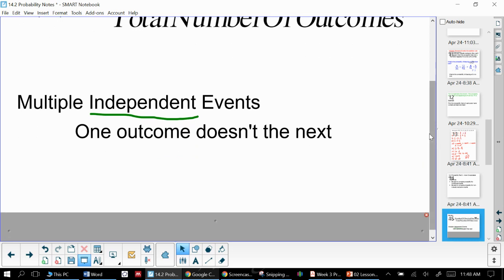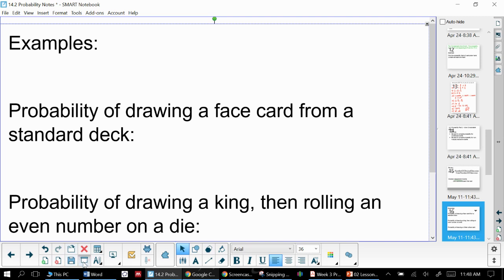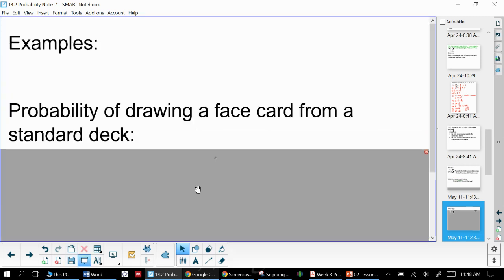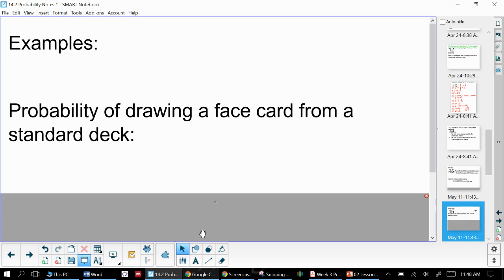So, a few examples here. First one I want to do, and I'm going to have the video pause between each of these so that you can think about these on your own. The first one: probability of drawing a face card from a standard deck. Okay, so this is one of your basic understanding of probability questions. It's going to be a fraction. We need to think about the number of possible ways we can get what we want.